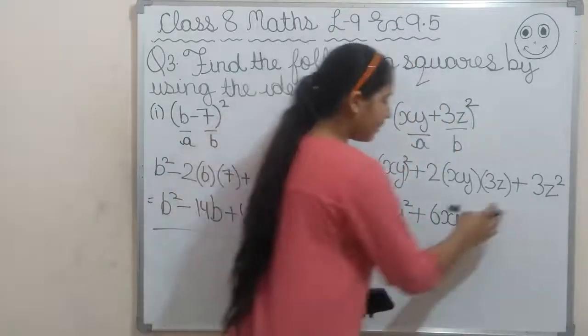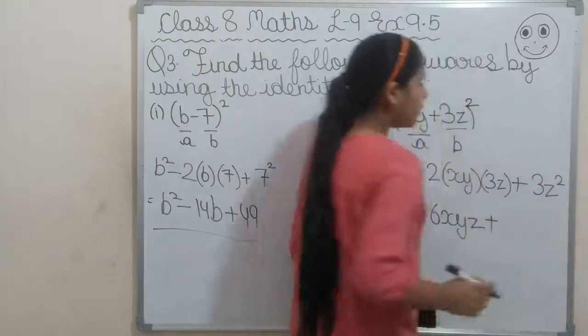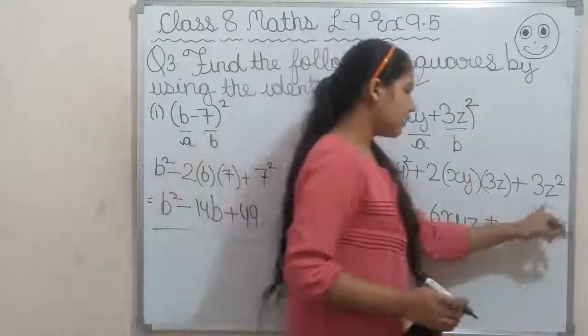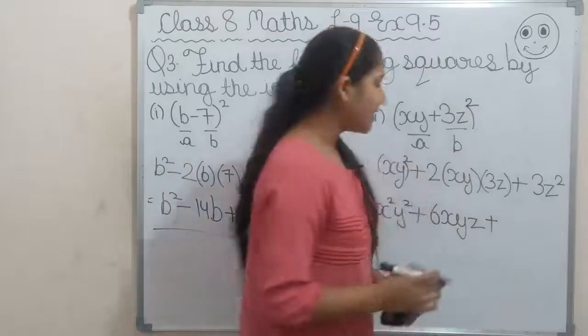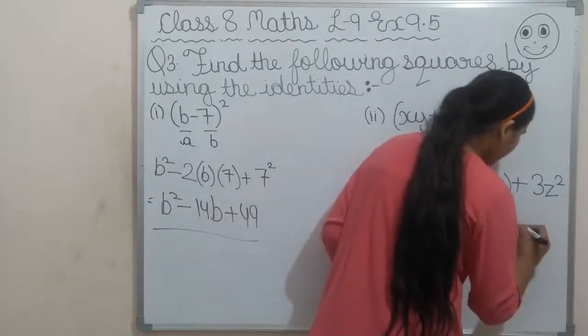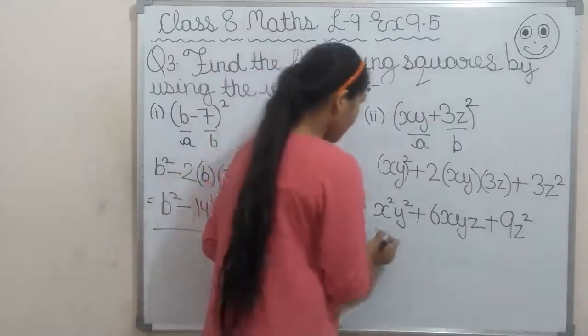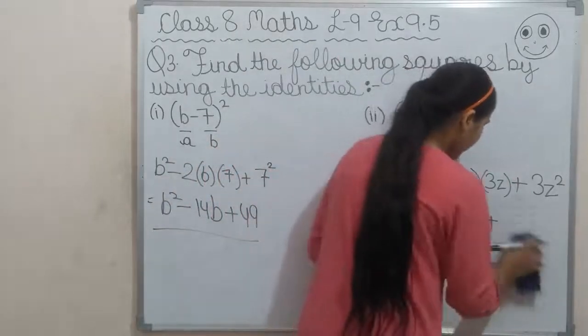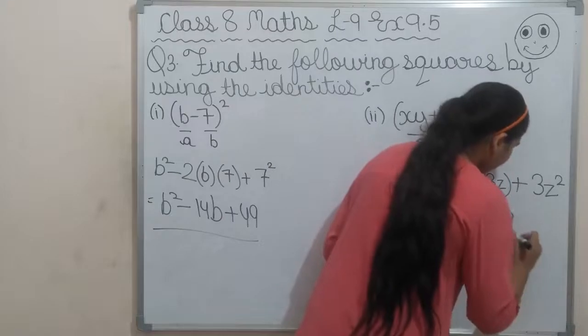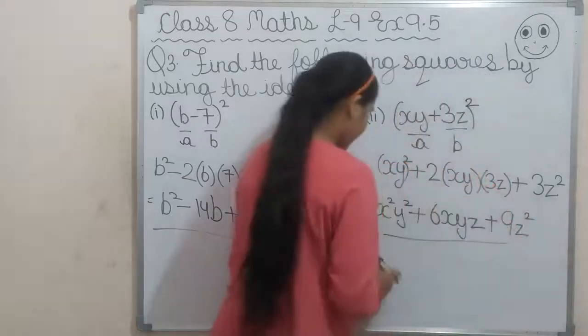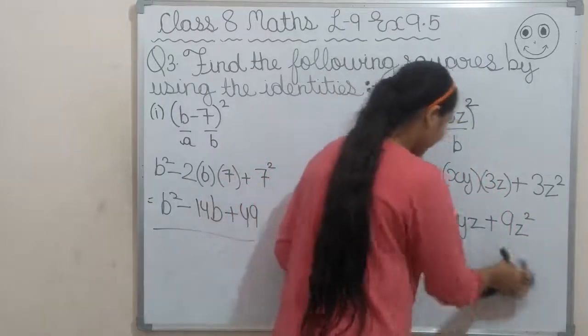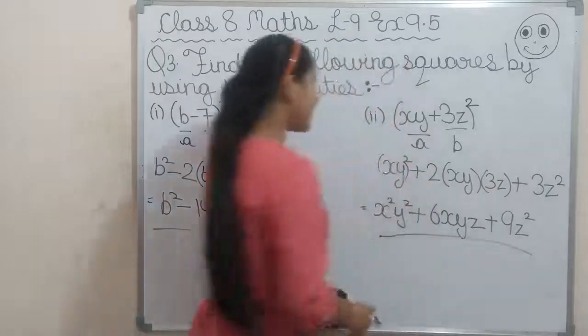Then plus, as it is, 3z whole square, 3 threes are 9, so 9z square. So this is the answer of the second one.